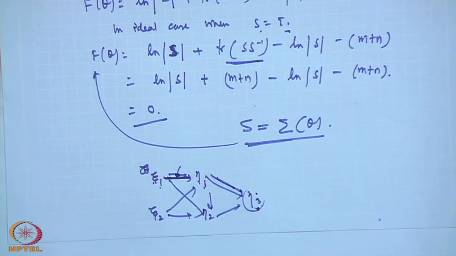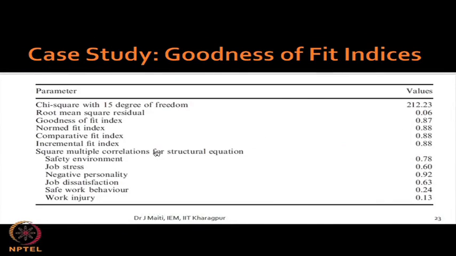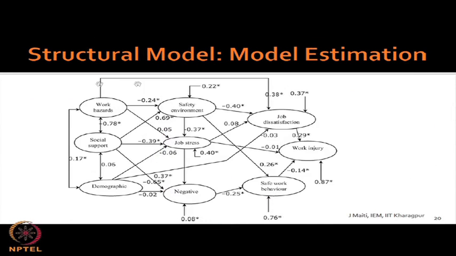So every endogenous construct might have a direct effect as well as an indirect effect. Within this context, if I want to know the direct effect on work injury, you will get only these: three variables, job dissatisfaction, safe behavior and job stress, have a direct effect, and all others have an indirect effect.